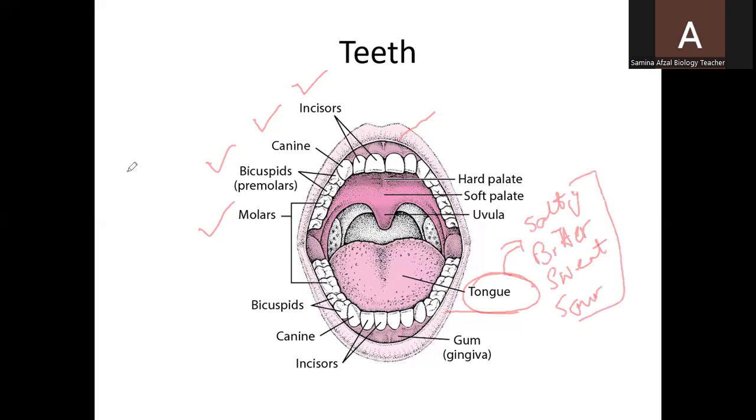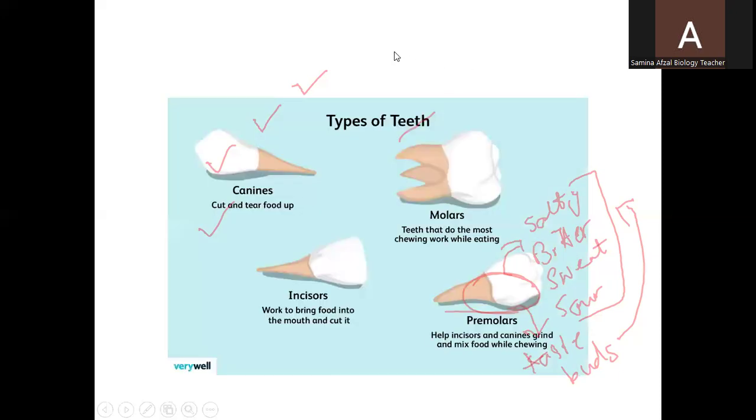In this way, the taste buds are there on the tongue. These taste buds are of different types which can taste different types of food.